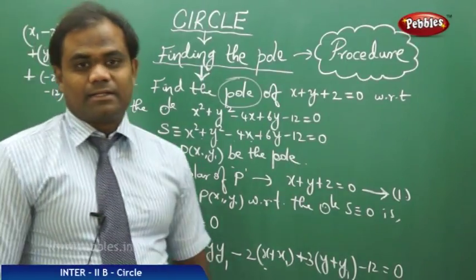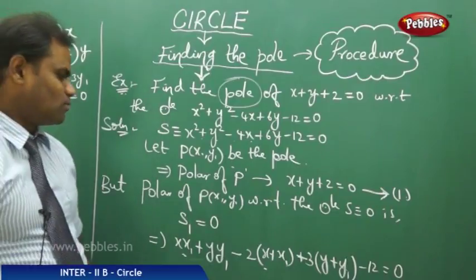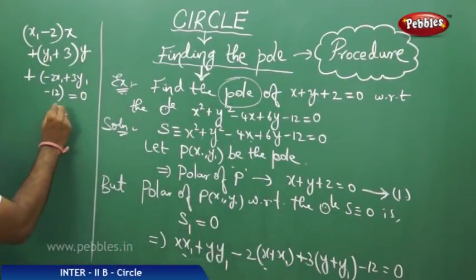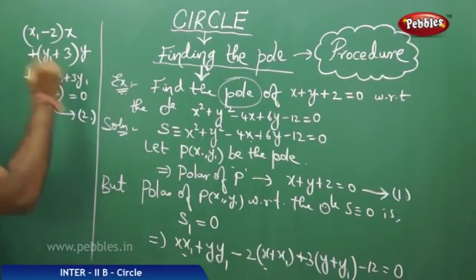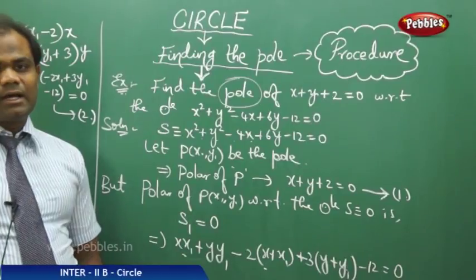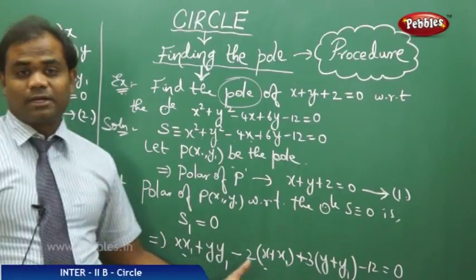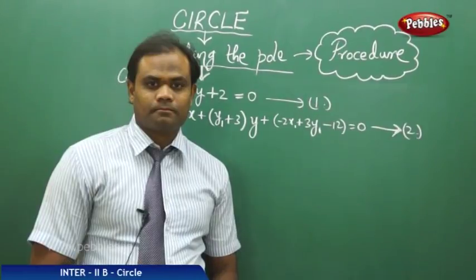This is how I get the polar of P(x1, y1) with respect to the circle. So this is equation 2 which I take.